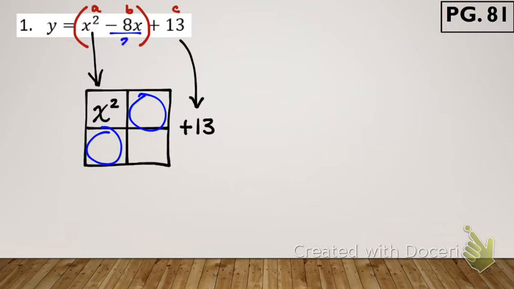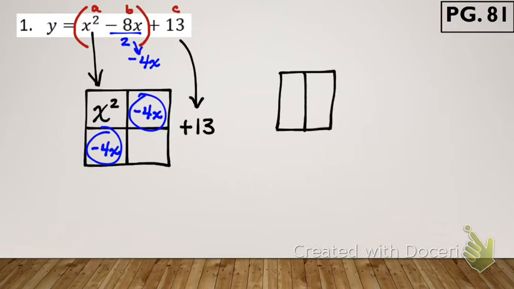Just -4? Yes. -4x. That's what goes here and here. So I'm going to rewrite that so that I don't have too much going on. I usually don't draw more than 1 box, more than 1 square. But when I'm teaching it, I want you guys to be able to see my process here.